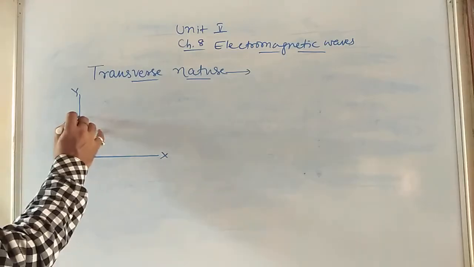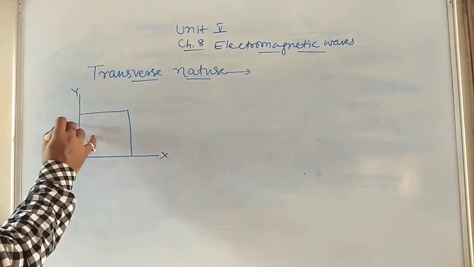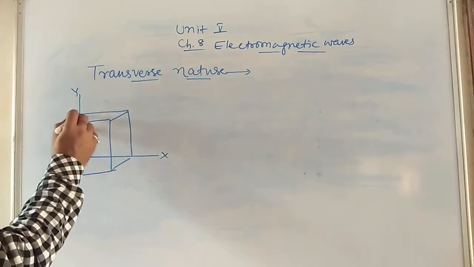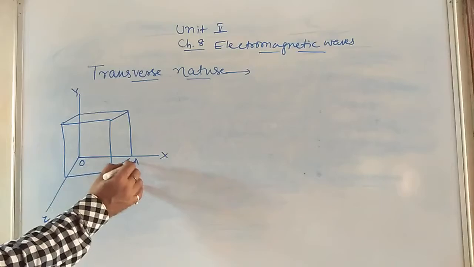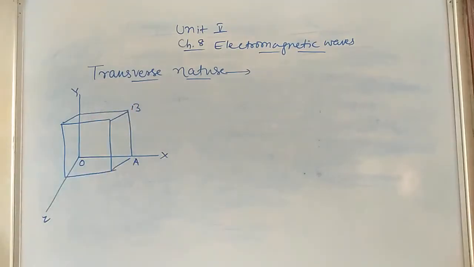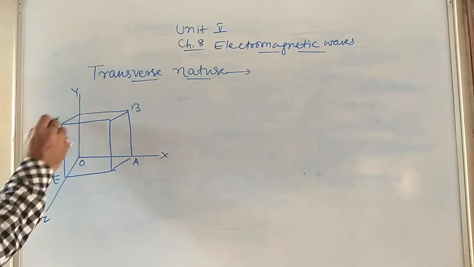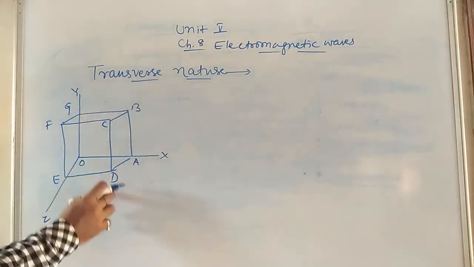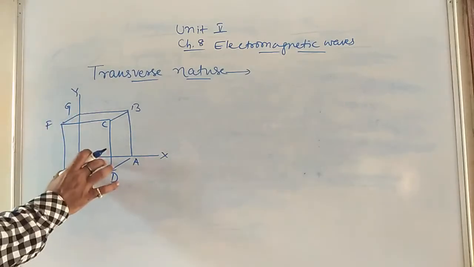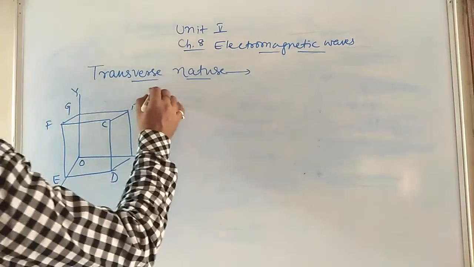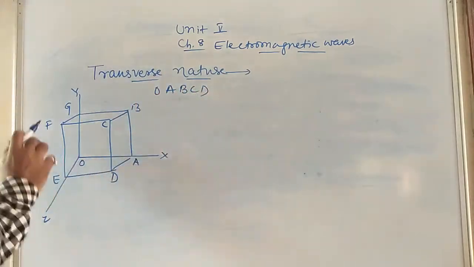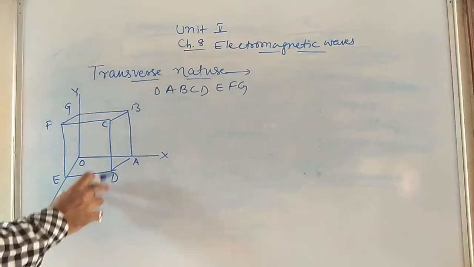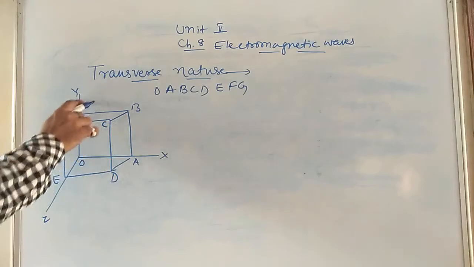We are making a parallelepiped here, say this, with vertices O, A, B, C, D, E, F, G. It is a parallelepiped O, A, B, C, D, E, F, G. We can see this parallelepiped placed with its edges parallel to these three axes.